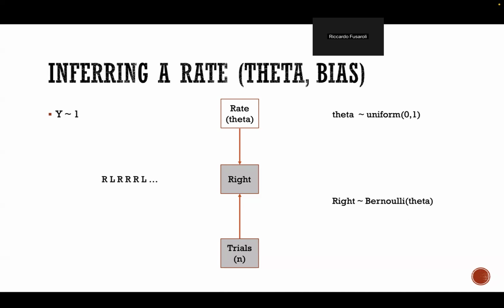We then need to put a prior. For instance, we could put a uniform between 0 and 1. In this case, that makes absolute sense.